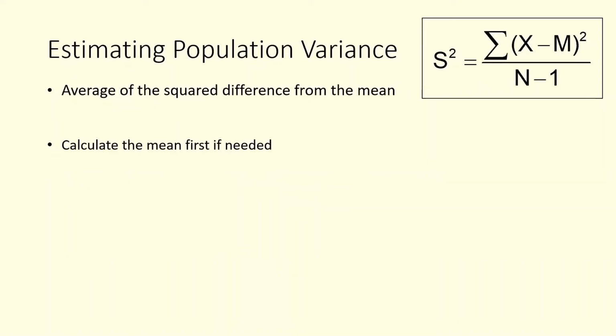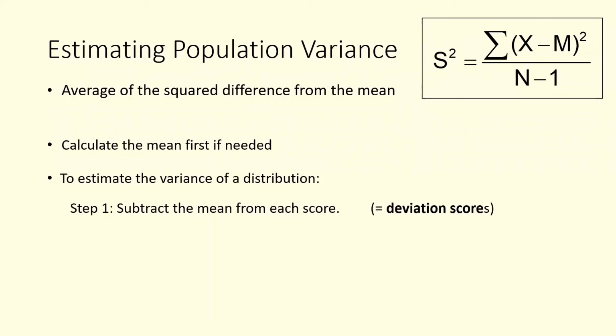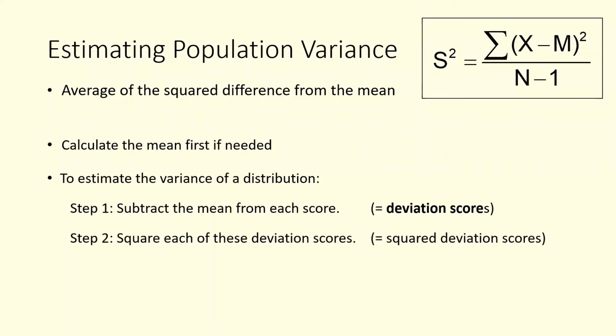So going through, again, refreshing our memory about this procedure and making this little tiny change at the end of it. If we need to, we're going to calculate our sample mean. And then we're going to subtract the mean from each of those scores in our sample. That gives us our deviation scores. We're going to square each of those deviation scores.